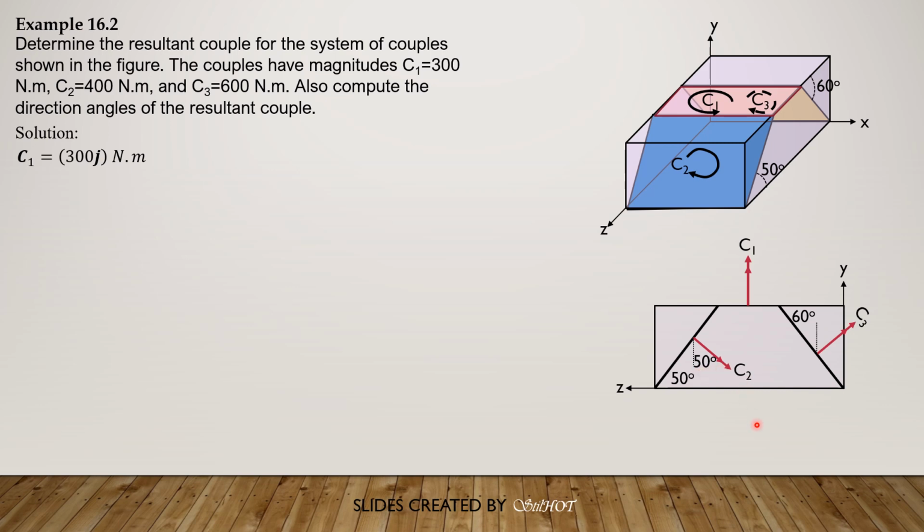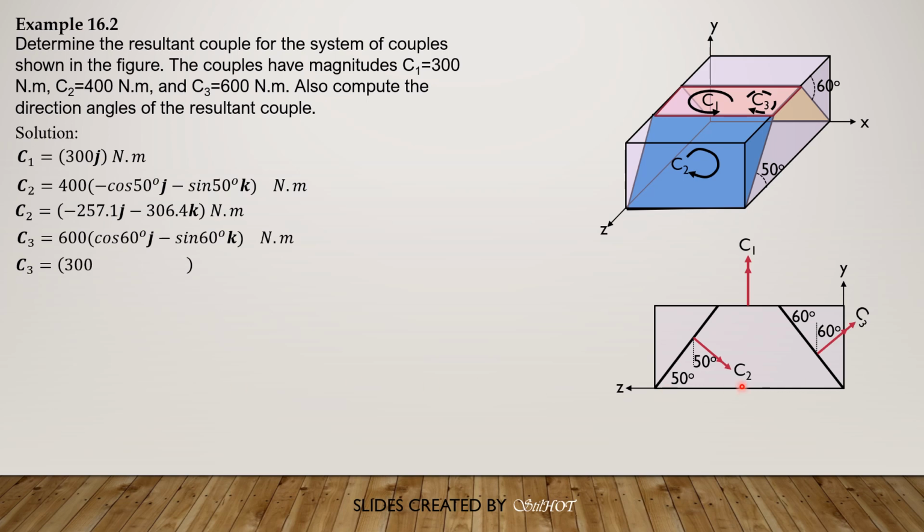Couple 3, which is perpendicular to its plane, makes an angle with the vertical of 60 degrees also. So couple 3 has a positive y component and a negative z component. Couple 2 is the magnitude times negative cosine 50 j, then negative sine 50 k Newton meter.